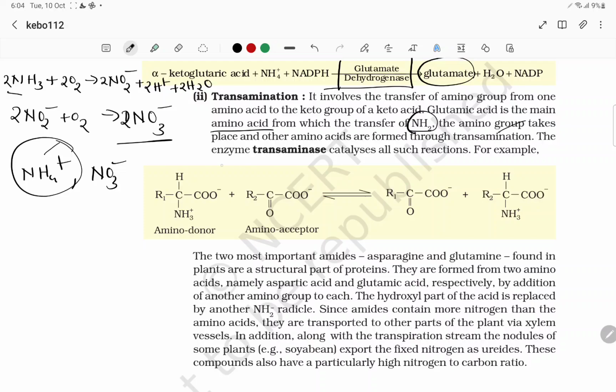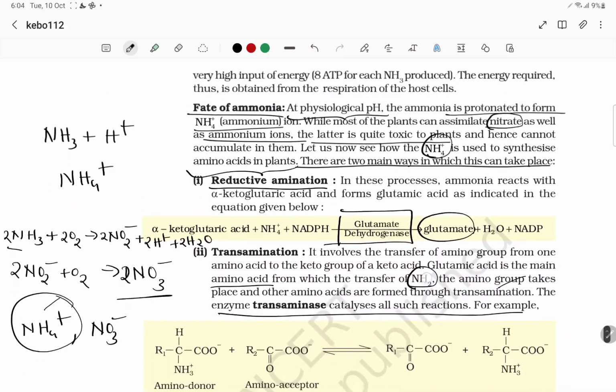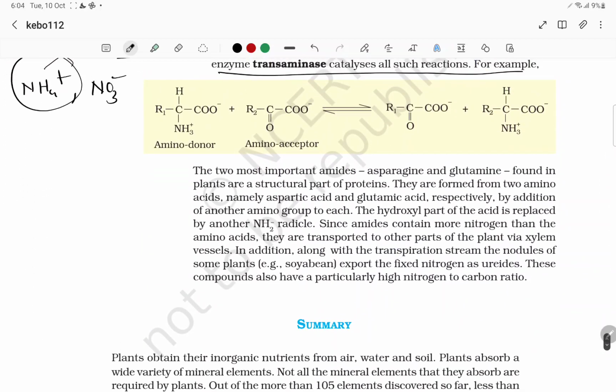So the enzyme transaminase catalyzes all such reactions. For example, here if you see, this is the amino donor, this is the amino acceptor. So now this is R1, this is R2. So from this we are transferring from here to here.